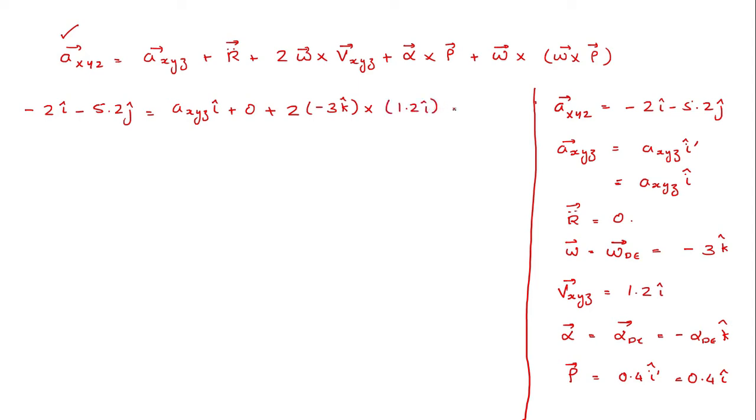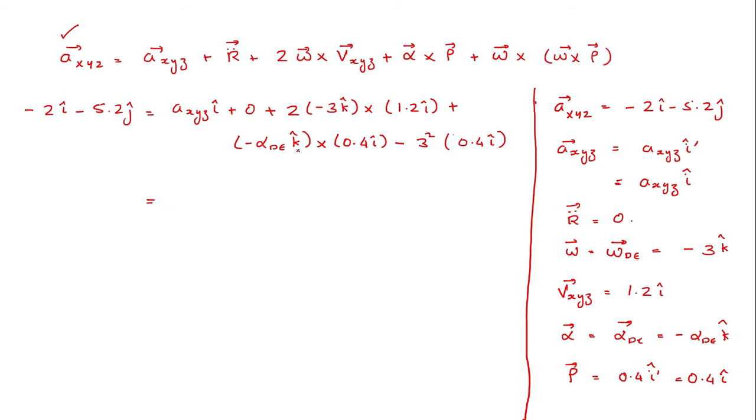1.2 i cap plus alpha. I'll write it as -alpha_DE into k cap cross rho vector, it is 0.4 into i cap. Now since this is a planar motion, omega cross rho, I can write it as -3 square into rho, that is 0.4 into i cap.